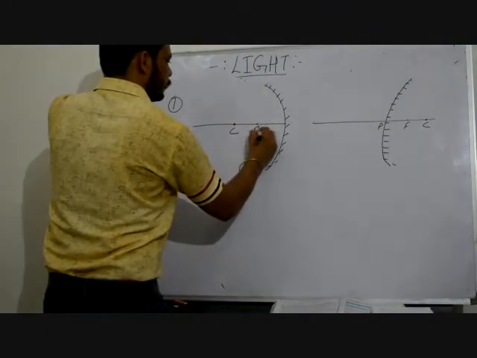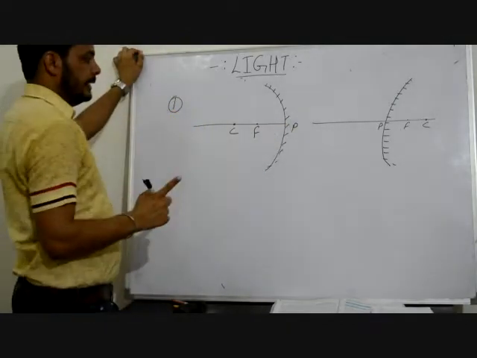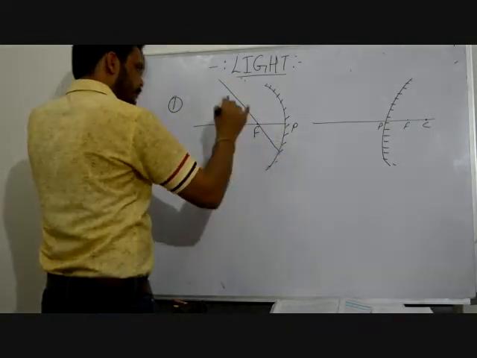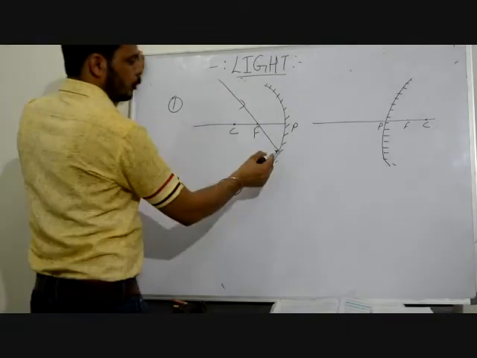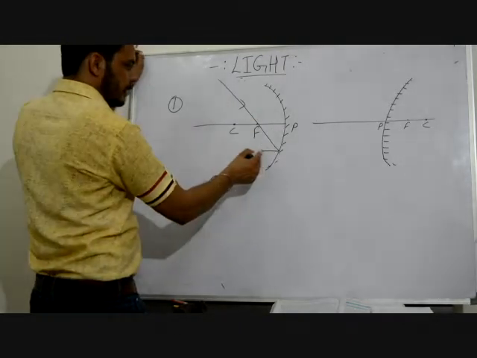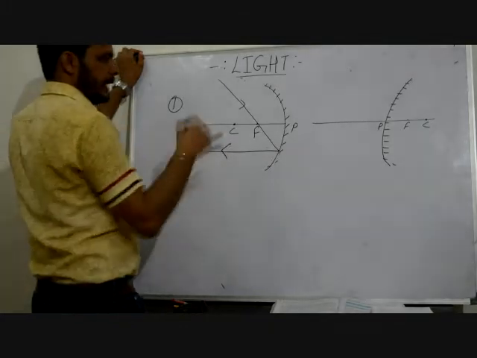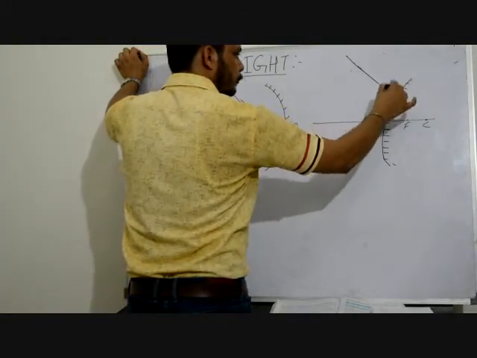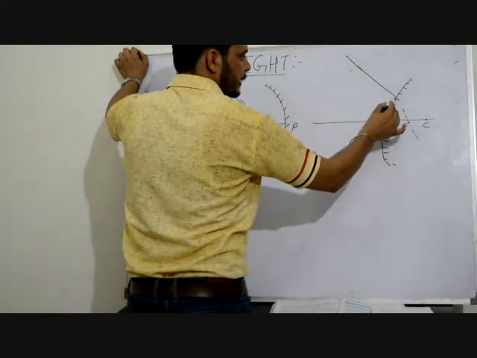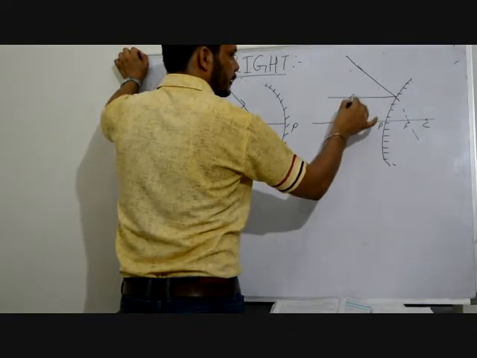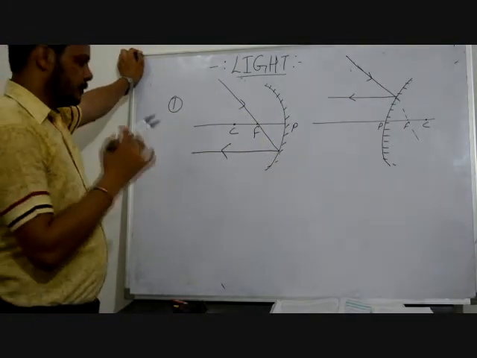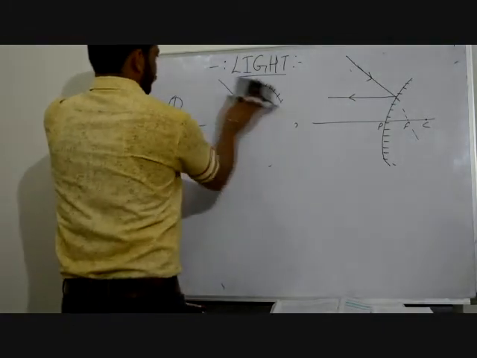Center of curvature, focus, pole. Any ray which is directed toward the focus will, after reflection, be parallel to the principal axis. This is the second law of reflection in spherical mirrors.